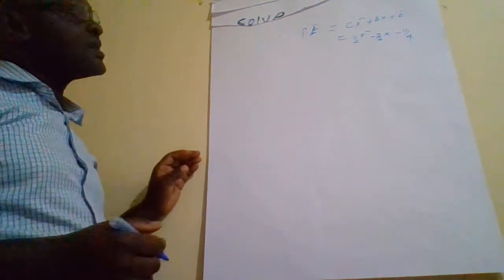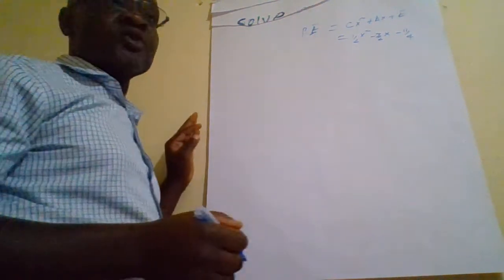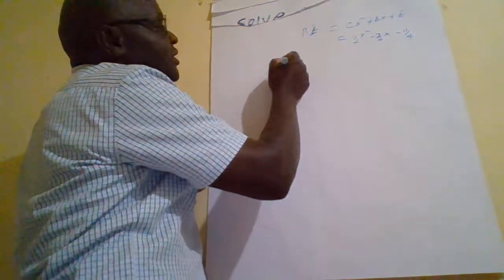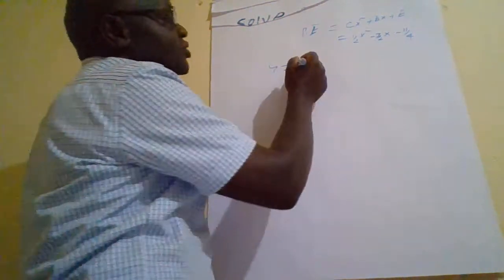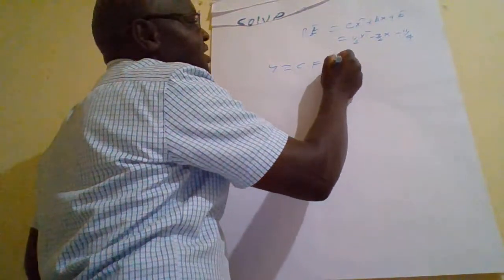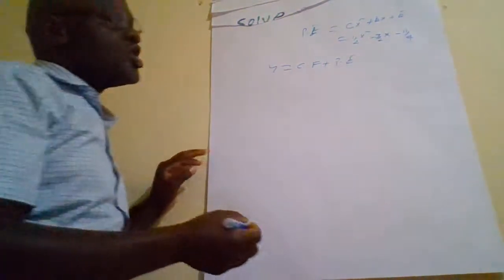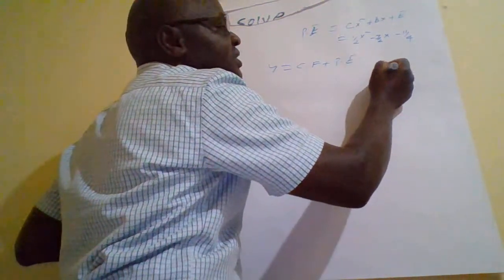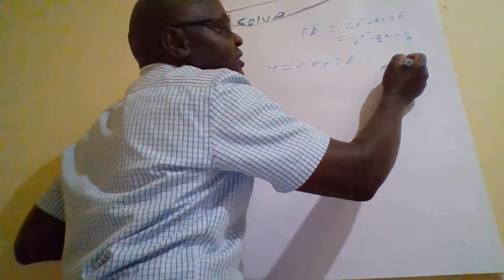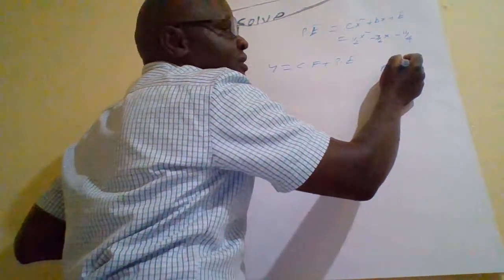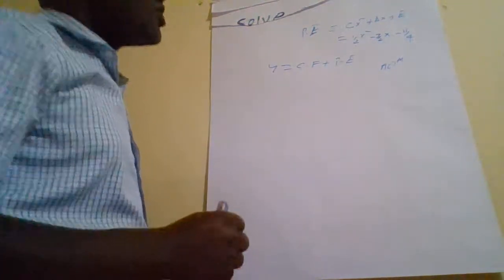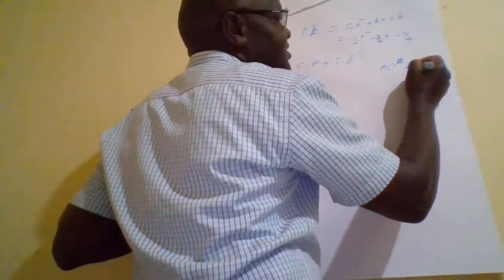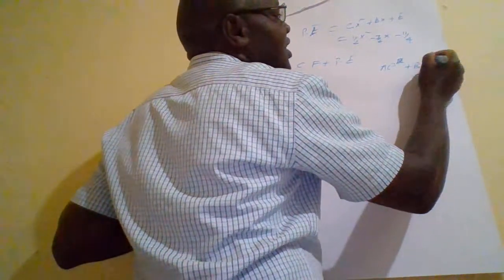But remember, we said that the general solution of the second order differential equation is given by y equals complementary function plus particular integral. So our complementary function was A e to the x, then plus B e to the 2x.